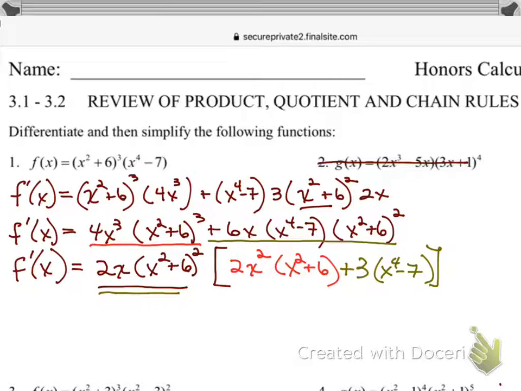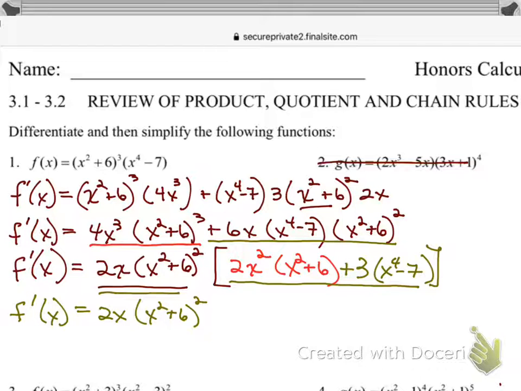Okay, so now we're going to take this term in the bracket, and I'm going to distribute and combine like terms. So that's our next job. I have f prime of x equals, this first term does not change, so just copy it down carefully.